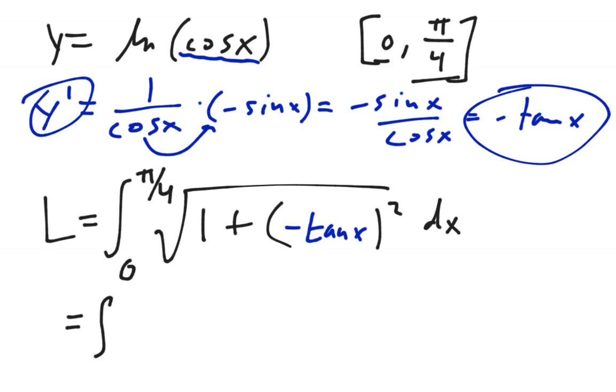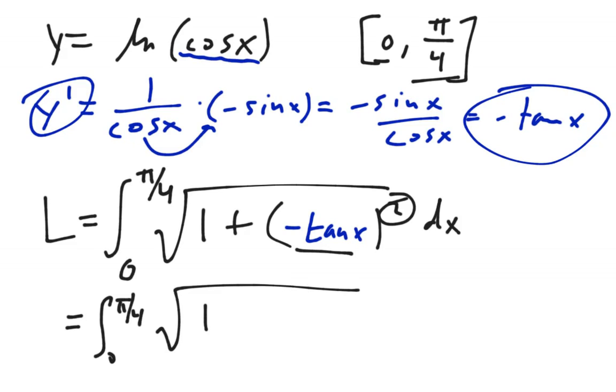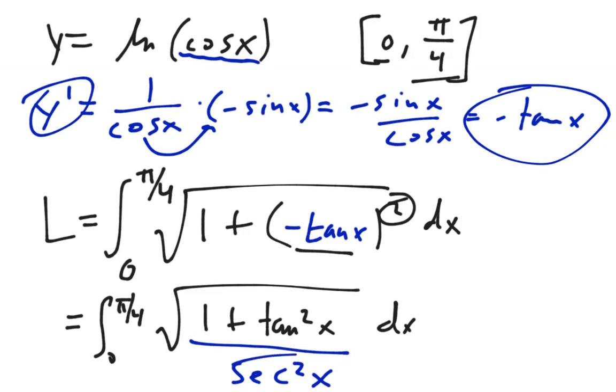And then here I can in fact simplify this using some algebra and trigonometry. So I have negative tangent squared, which is just going to be tangent squared, so I'll have 1 plus tan squared x dx. And then if you recall, there is a trigonometric identity that says that 1 plus tangent squared x is really just secant squared x.